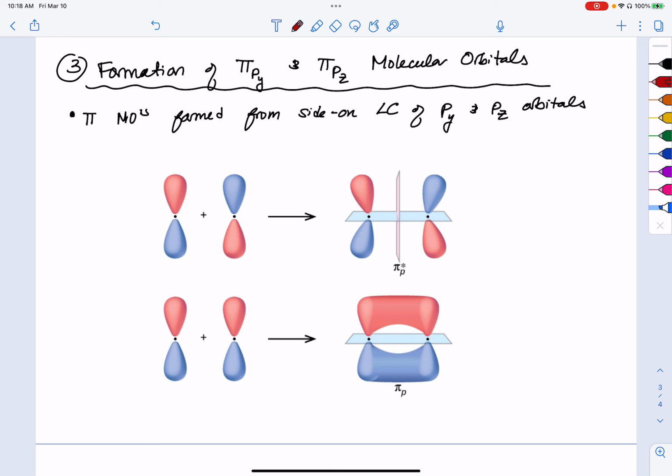And as stated here, we see that pi molecular orbitals are formed from side-on combinations of our py and pz orbitals. So I can look at this example. Let's call these our py.